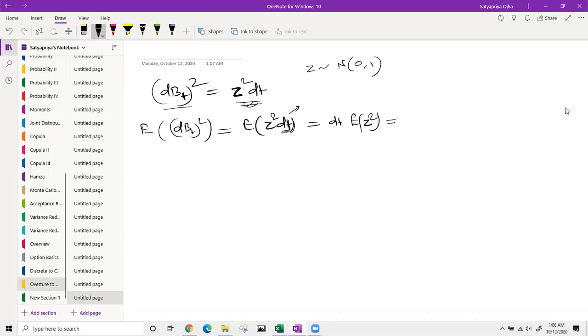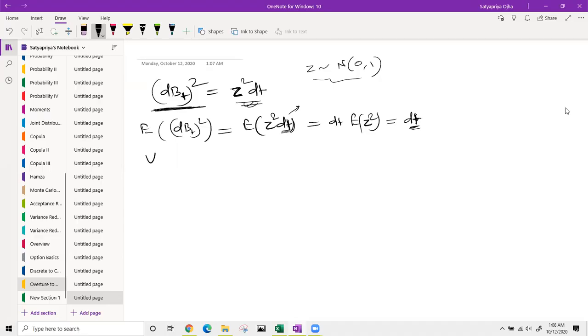Be careful, it is not z, it is z square. It is 1, because the expectation of z square is the variance of z, since it's standard normal, right? So this is 1. dt is the expectation of this quantity.